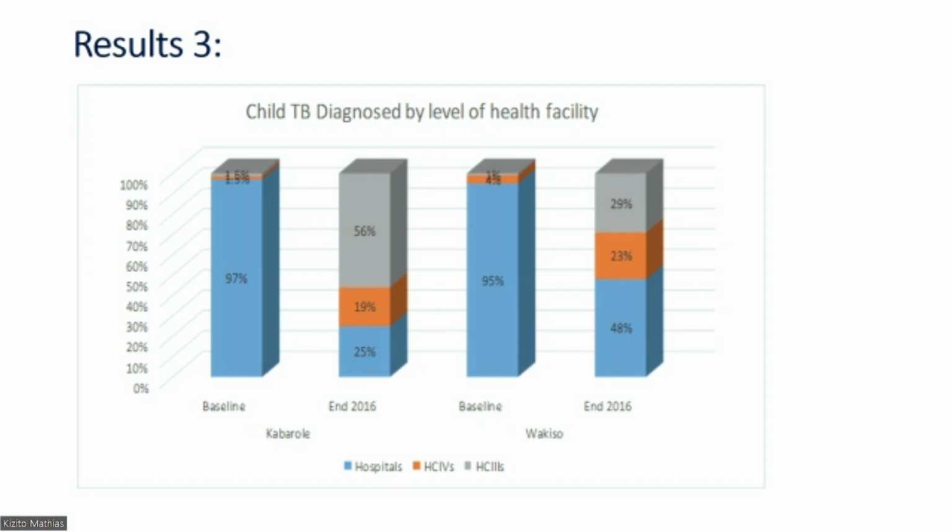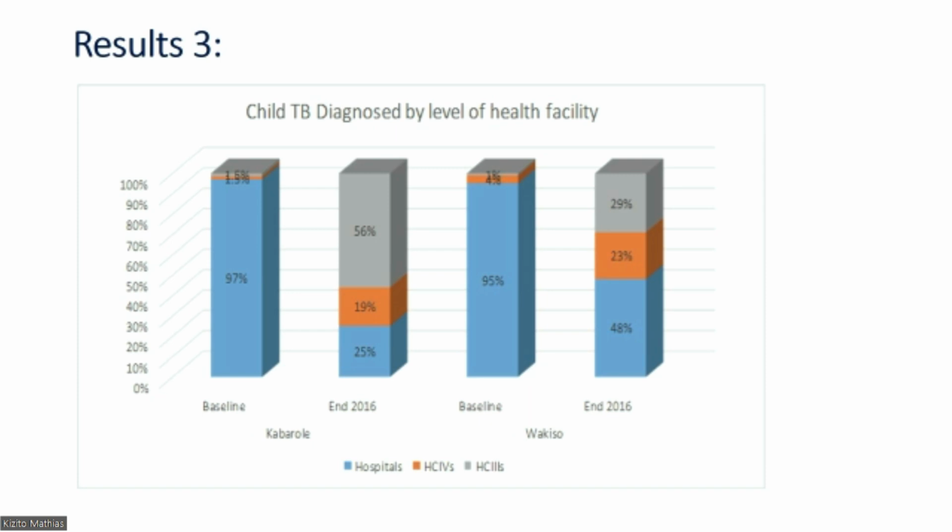The first bar looks at the baseline. We had a baseline assessment where we looked at the provision of service delivery. What you can see is that 97% of the service delivery was at hospitals, and that is for Kabarole. For Wakiso, it was 95%.